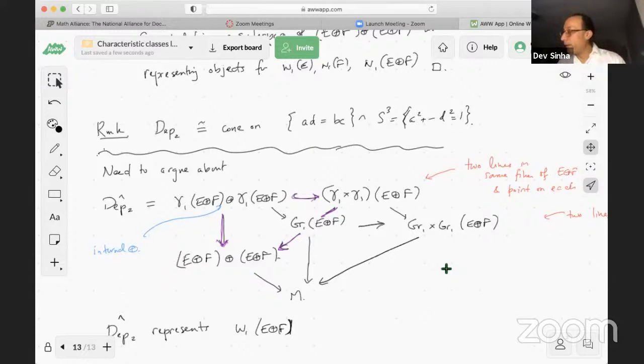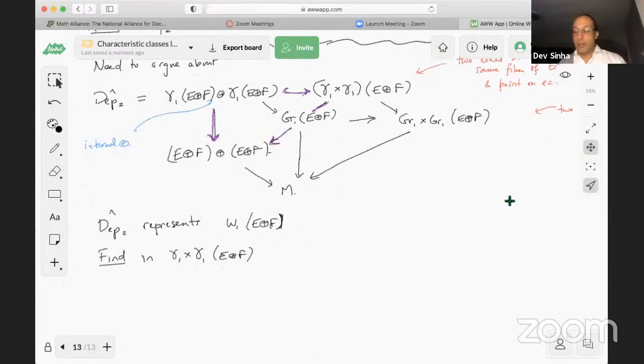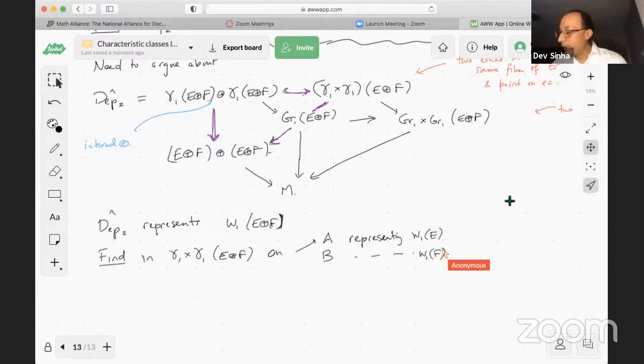And what we're going to find, first let's find an A, which represents, and this will be in this other bundle, this gamma 1 cross gamma 1, A, which represents W1 of E, a B representing W1 of F, and then a W such that the boundary of W is A union B union my dep2 hat.